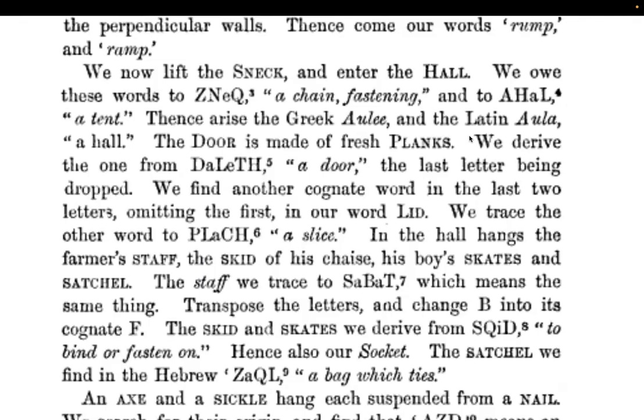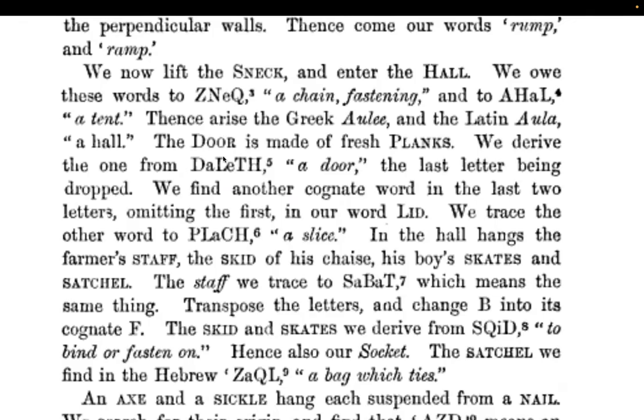They were meant to obfuscate certain things, and if you don't use the vowel points, you can see the English letters much easier in some instances. But we'll continue here. It says, thence arise the Greek auli, and the Latin aula, a hall.